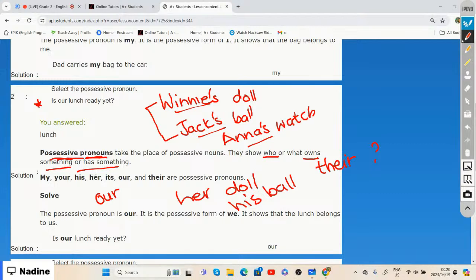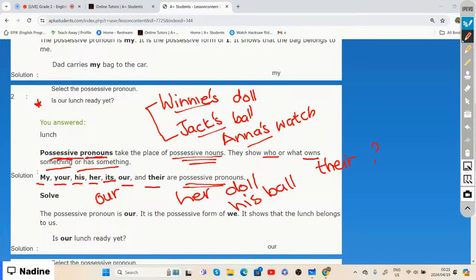So this is now possessive pronouns. Instead of using the actual noun, we are now using words like my, your, his, her, its, our, and their. That is why the possessive pronoun takes the place of a possessive noun. In our previous lessons, we would probably have done possessive nouns, but now we're doing possessive pronouns.